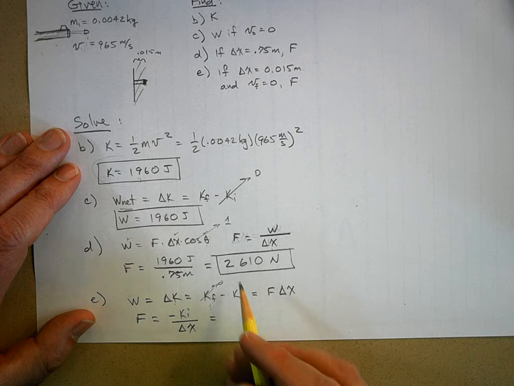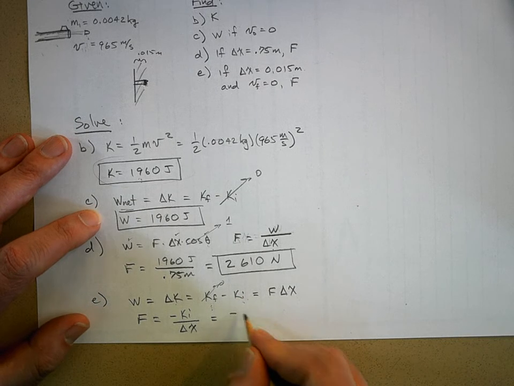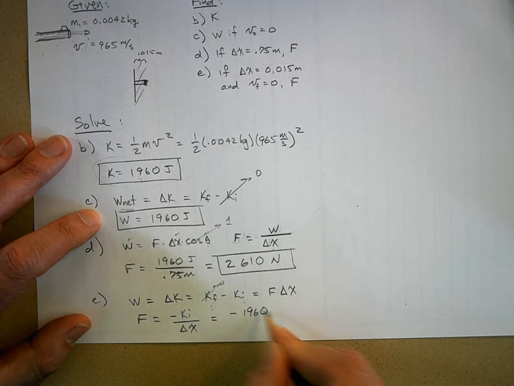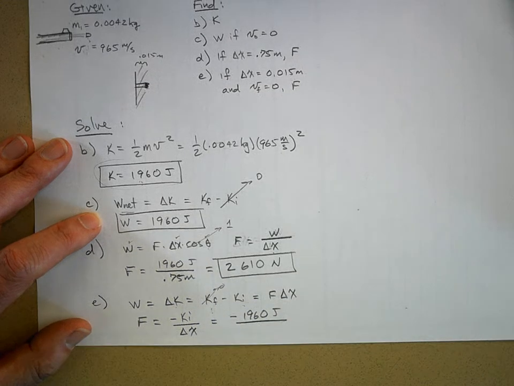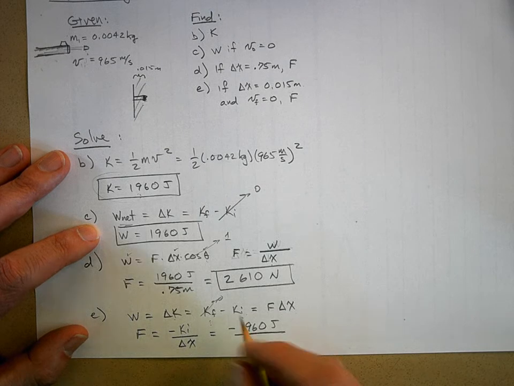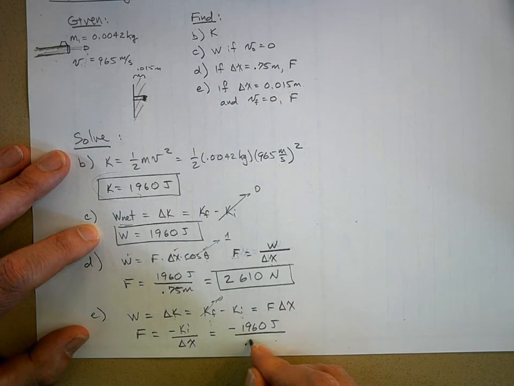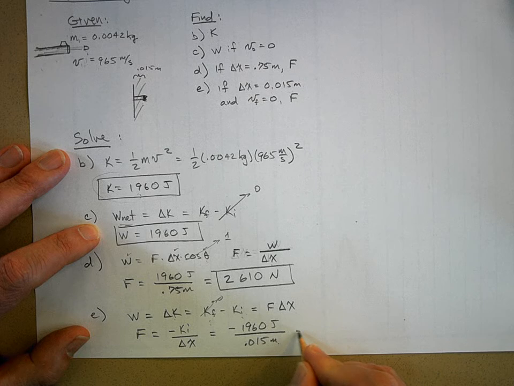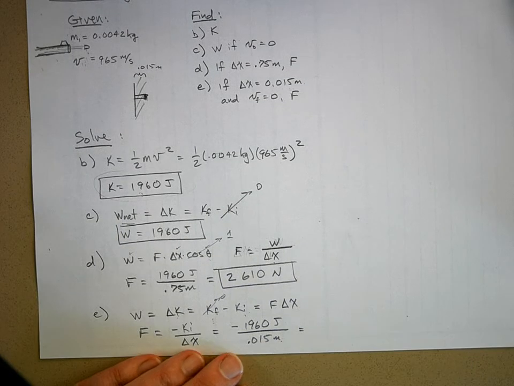So this is negative 1,960 joules divided by delta x, which is 0.015, and you get a pretty big number.